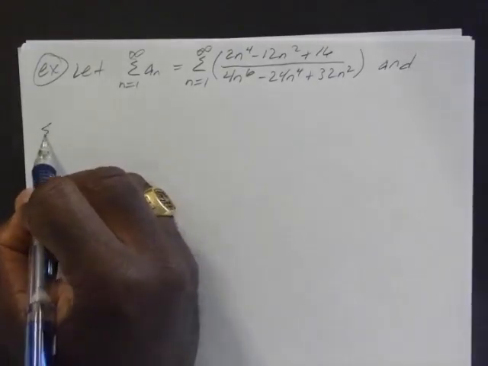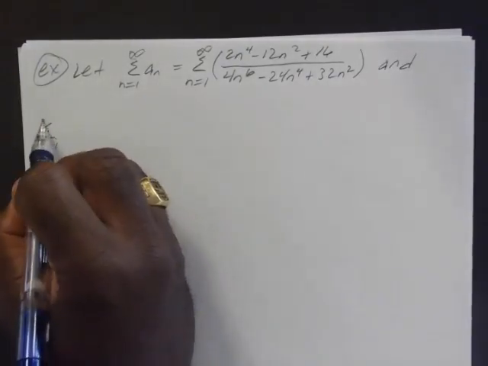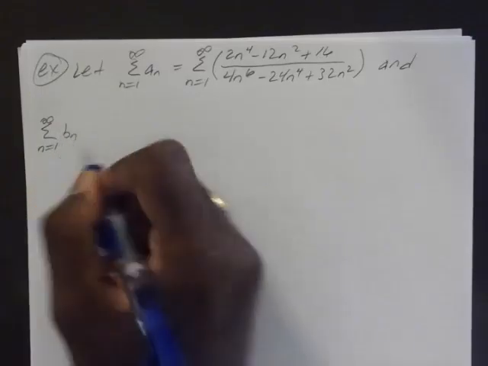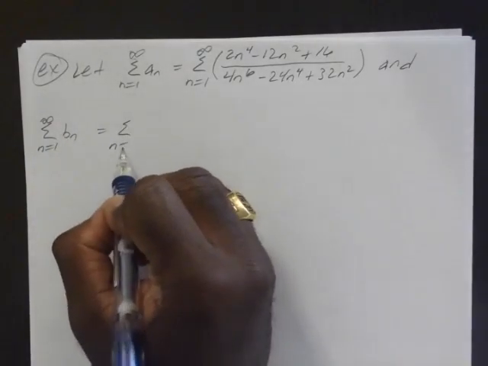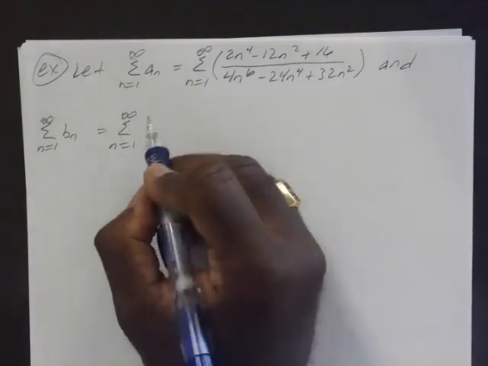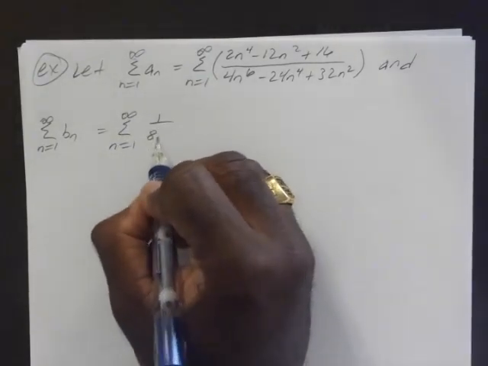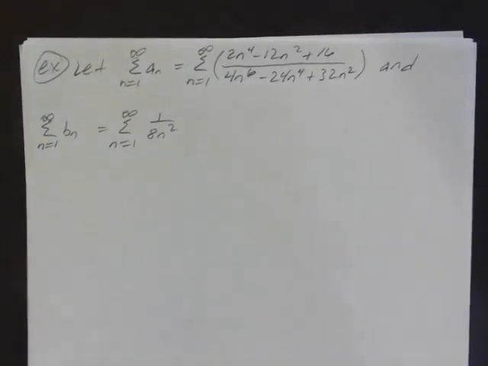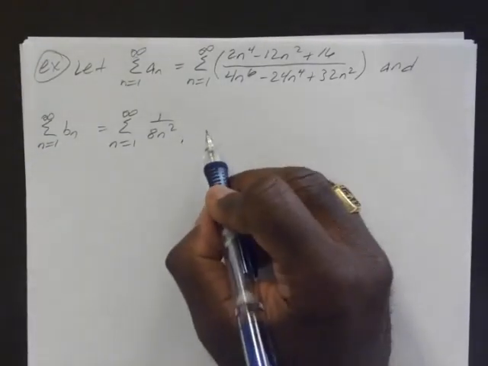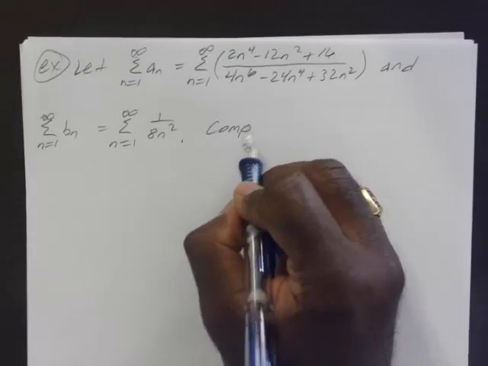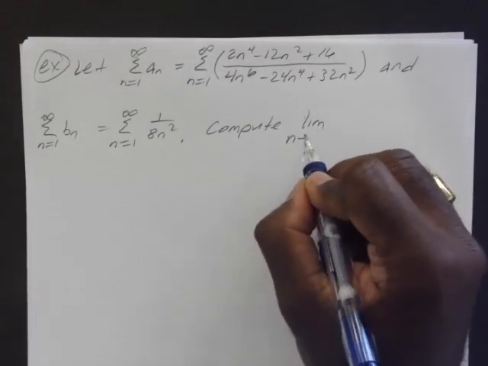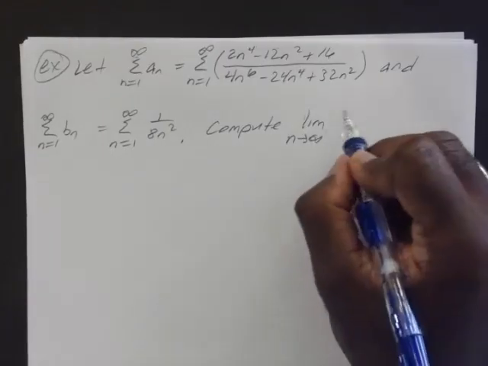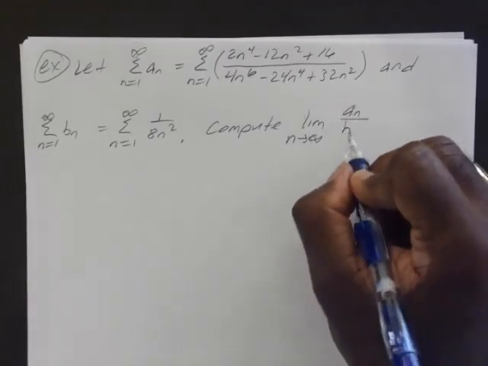And the sum from n equals 1 to infinity of b sub n is equal to the sum from n equals 1 to infinity of 1 over 8n squared. So with this one, we just want to compute the limit as n approaches infinity of a sub n divided by b sub n.